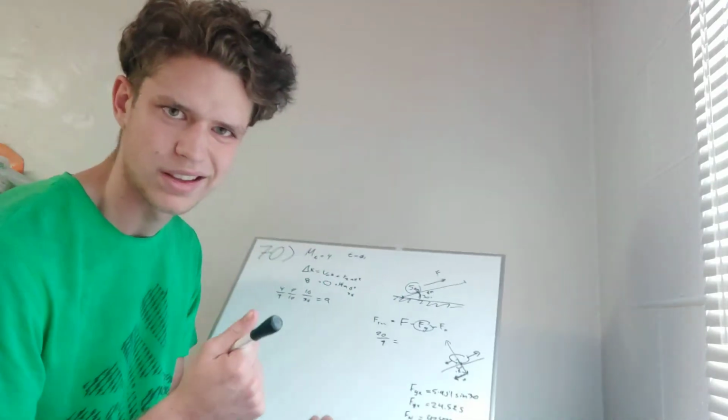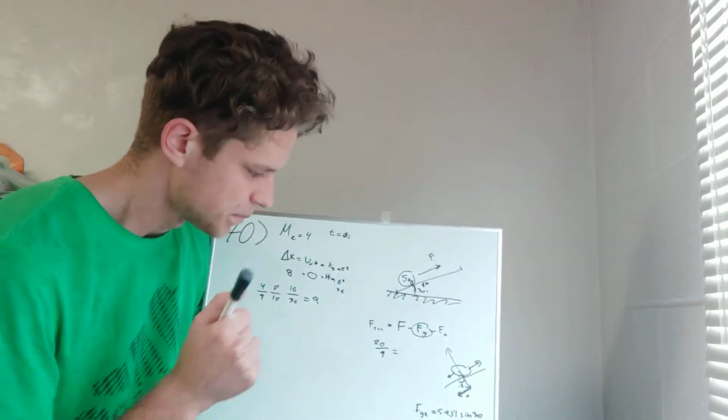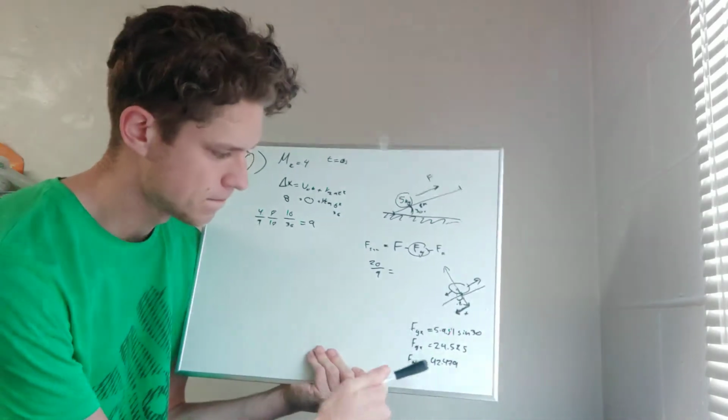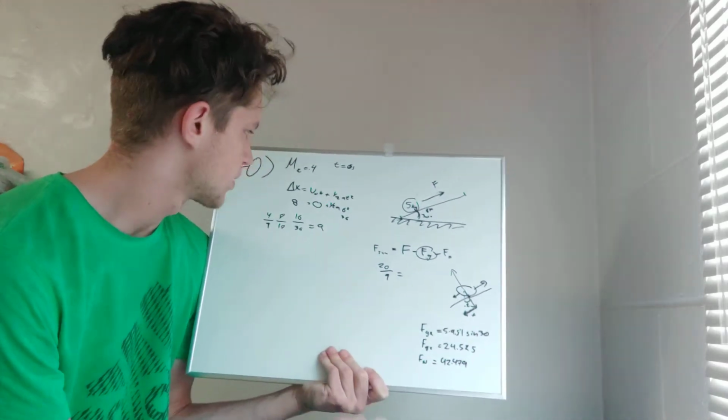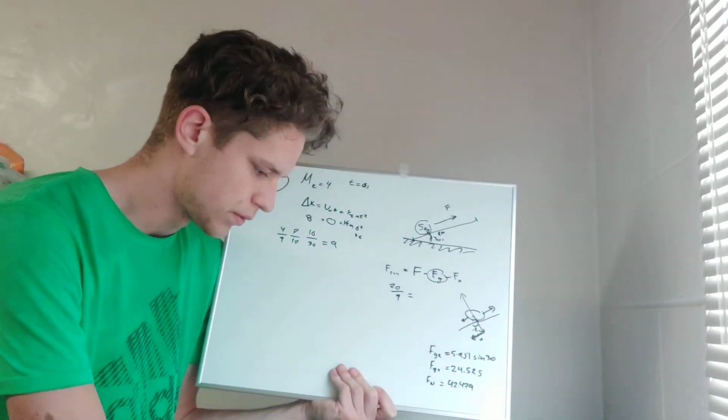So this is the force of gravity in the x, and the force of the normal equals 42.479 newtons. That times our coefficient of friction, which is 0.4.